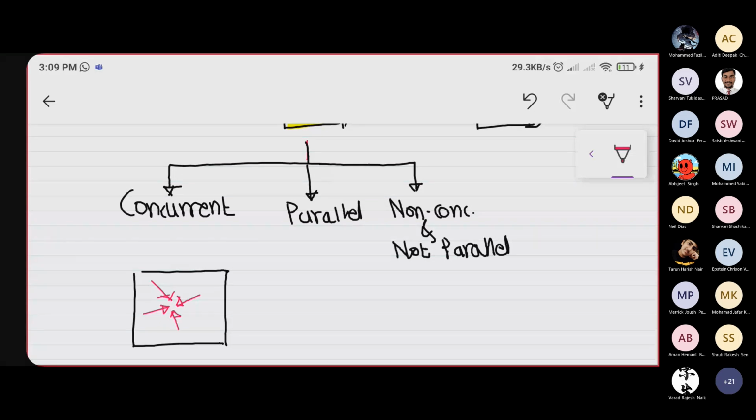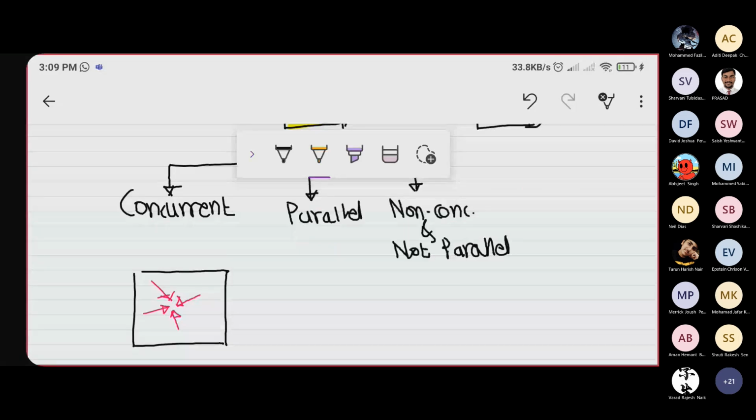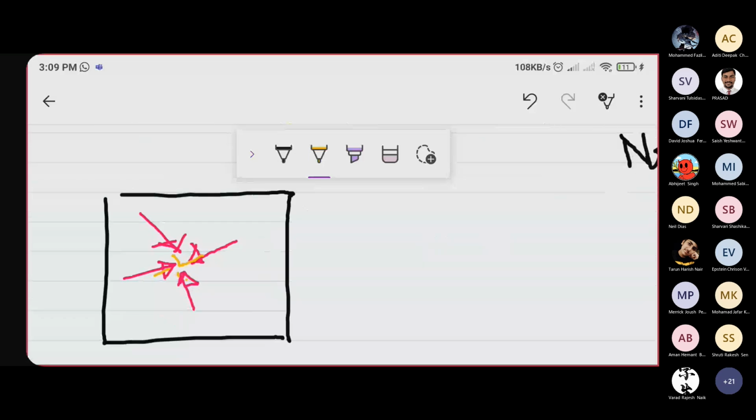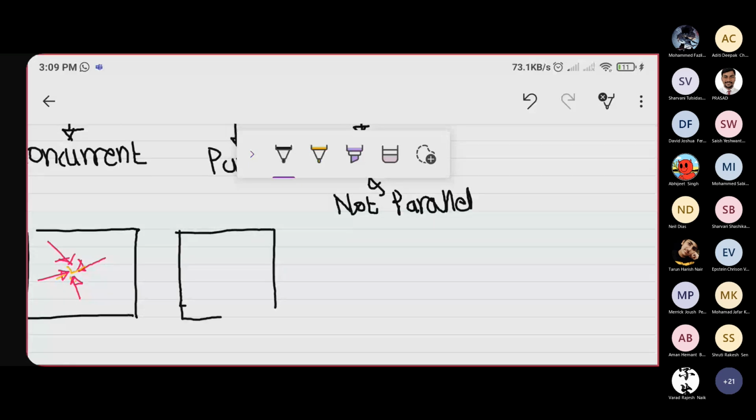So if you extend the line of action of all forces, then it passes through one common point, then all these forces we can say are concurrent. Another system we will draw.